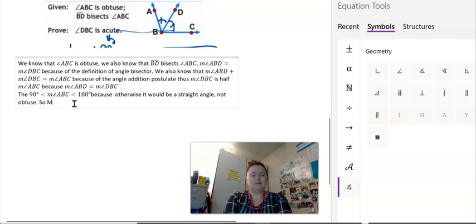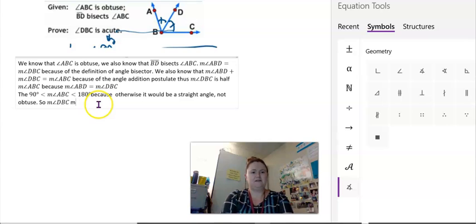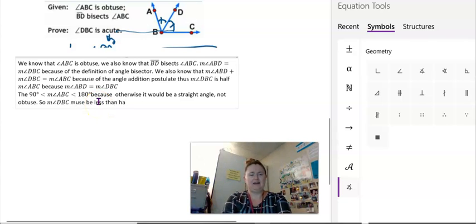So the measure of angle DBC must be less than half of 180, and half of 180 is 90.